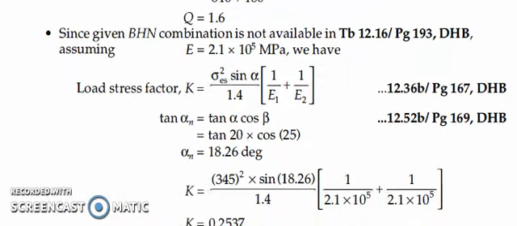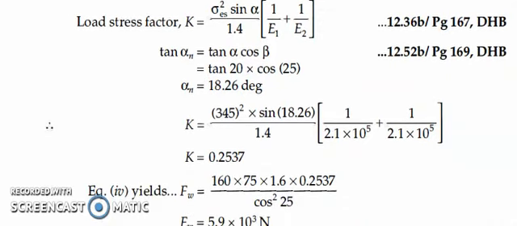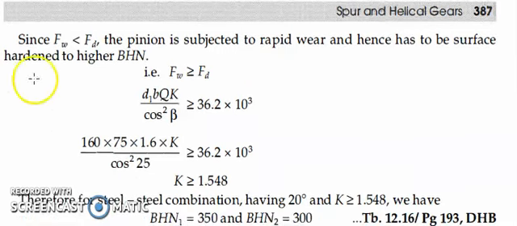The value will become 5.9 into 10 raised to 3. Since Fw is less than Fd, the pinion is subjected to rapid wear and hence has to be surface hardened to a higher BHN.